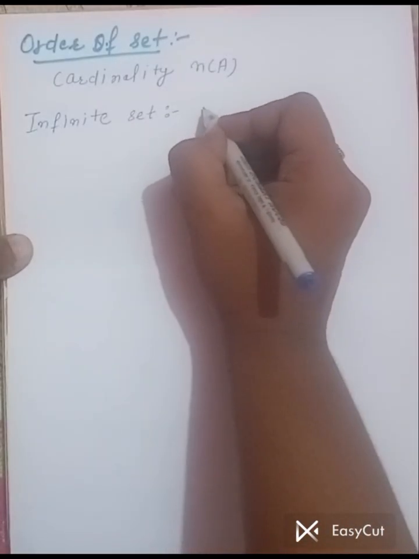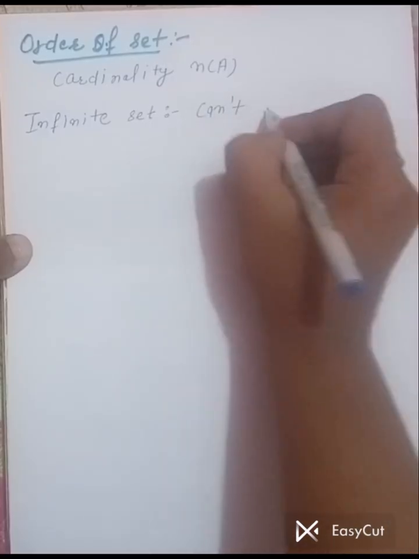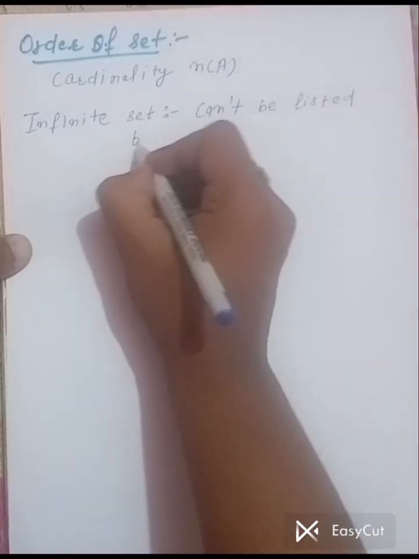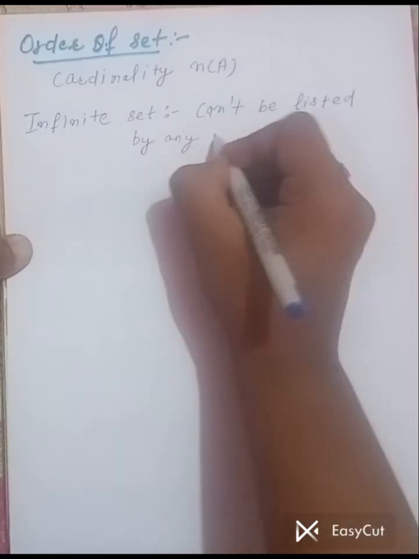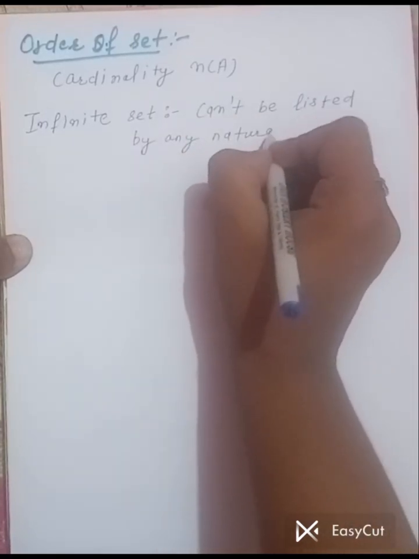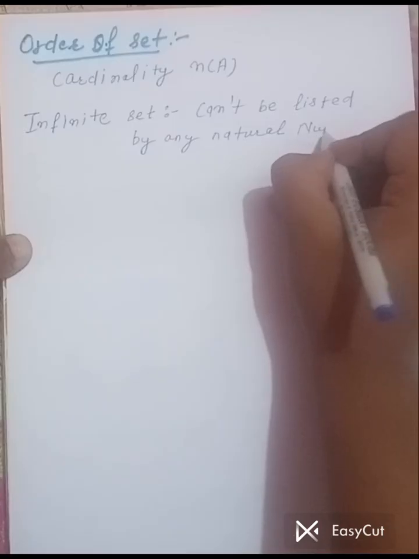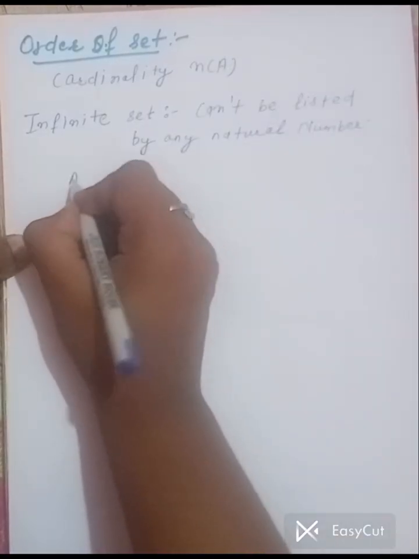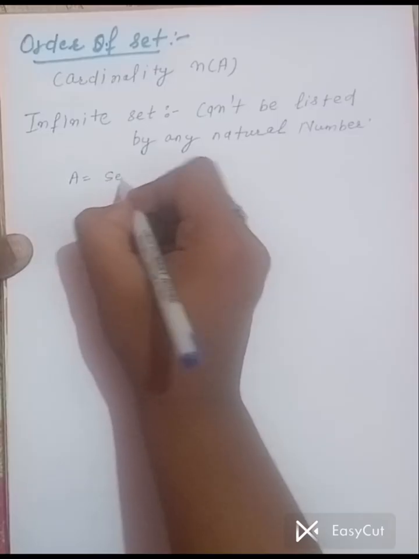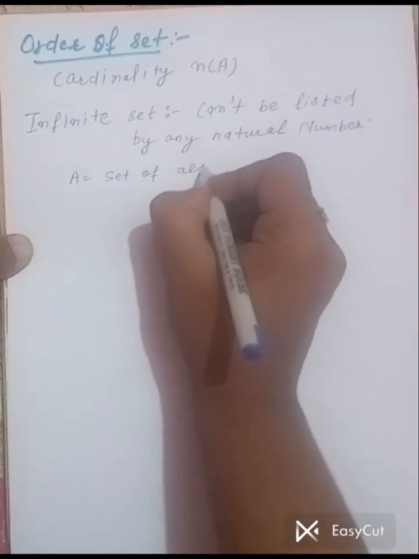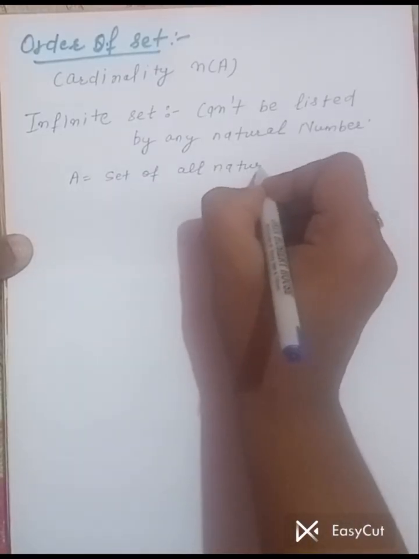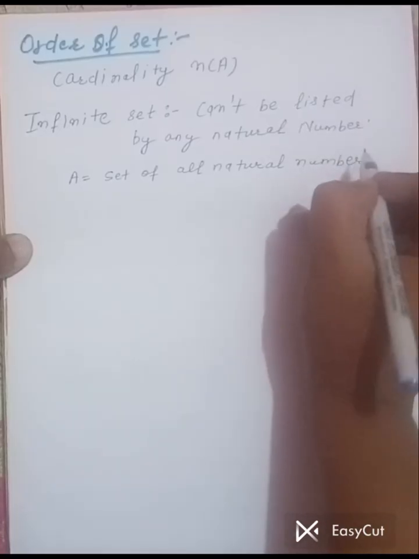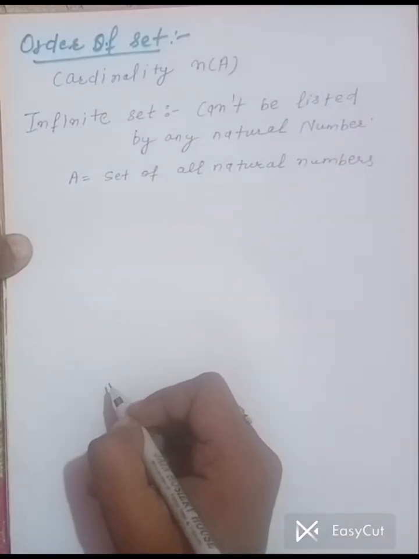So it is a set which can't be listed by any natural number. For example, let A be the set of all natural numbers. Can you list it?